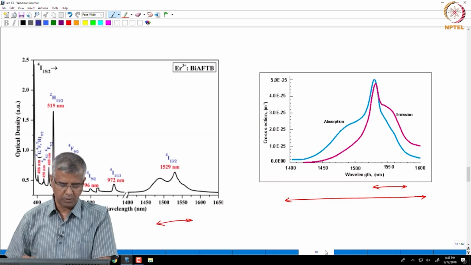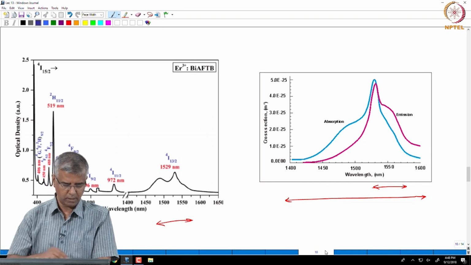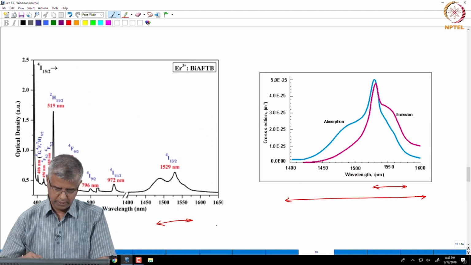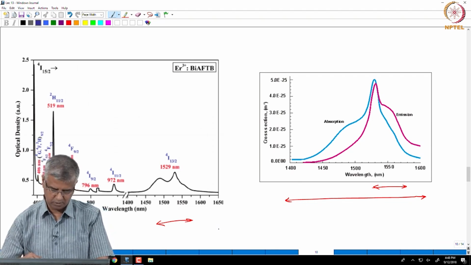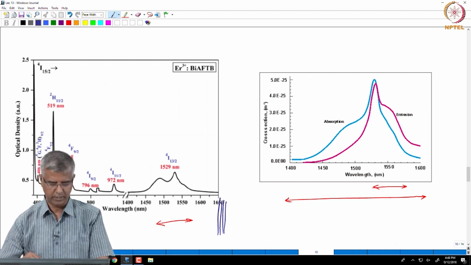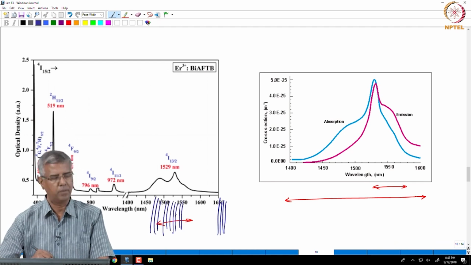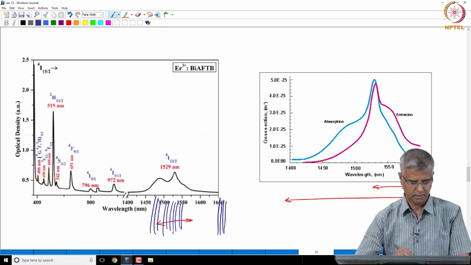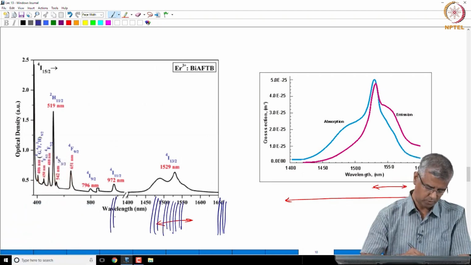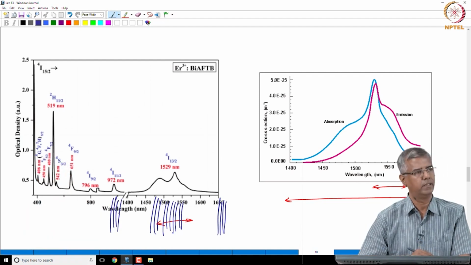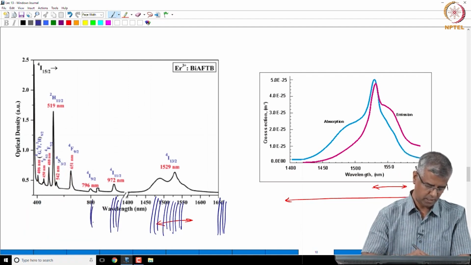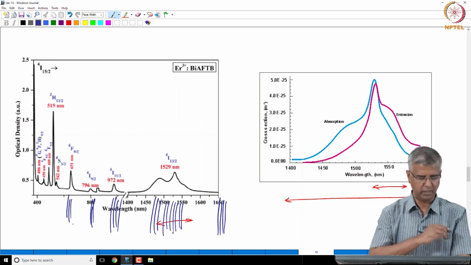One quick point to note as far as this is concerned is that this absorption spectrum corresponds to essentially absorption between different energy levels. I can basically say that my ground state is somewhere over here, I have some excited states over here, another bunch of energy levels over here, another bunch over here, and so on.